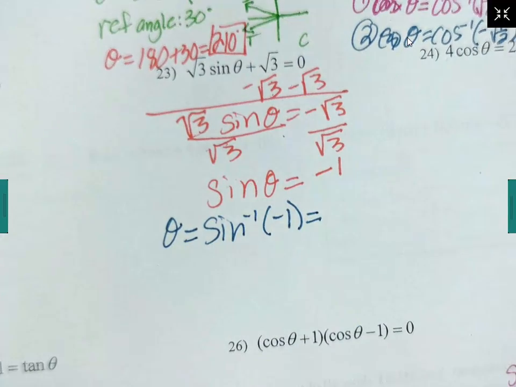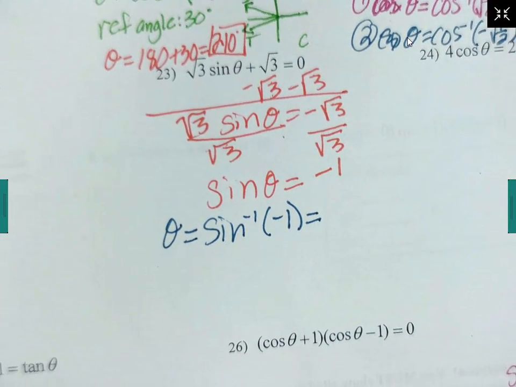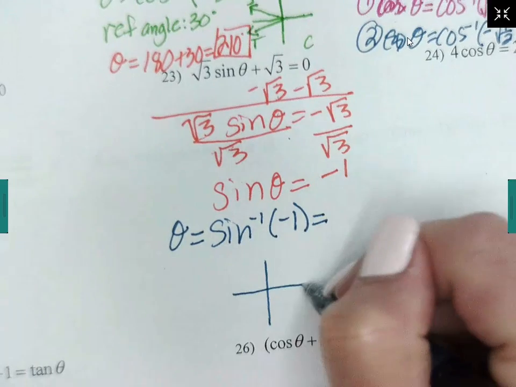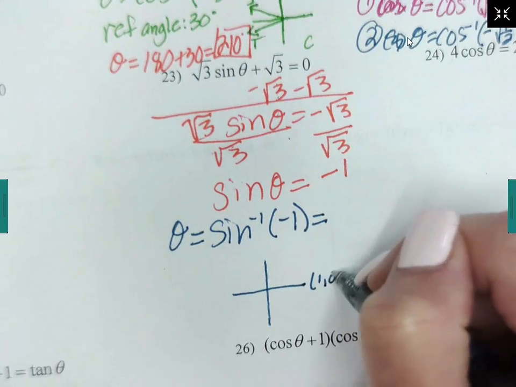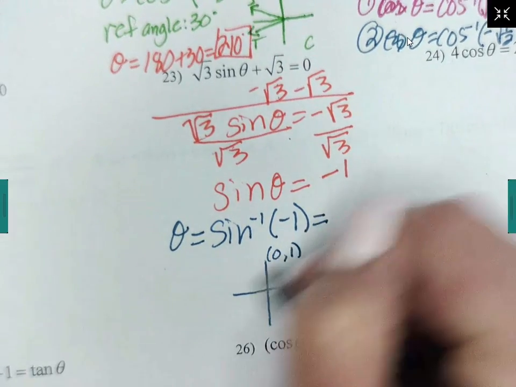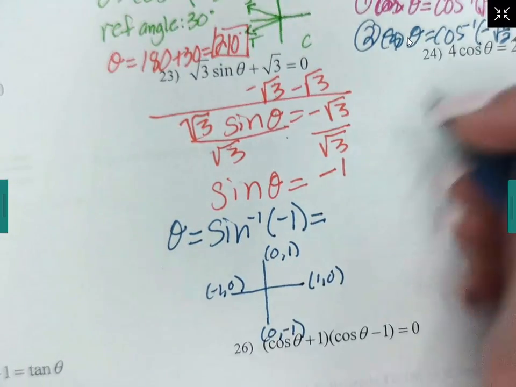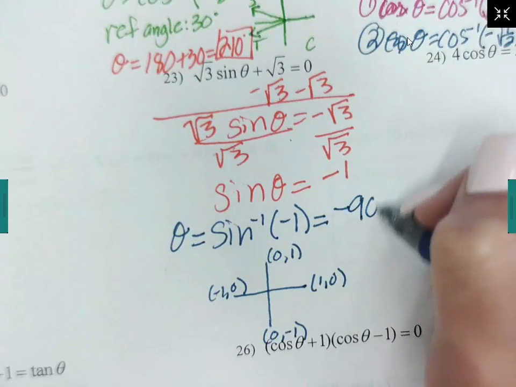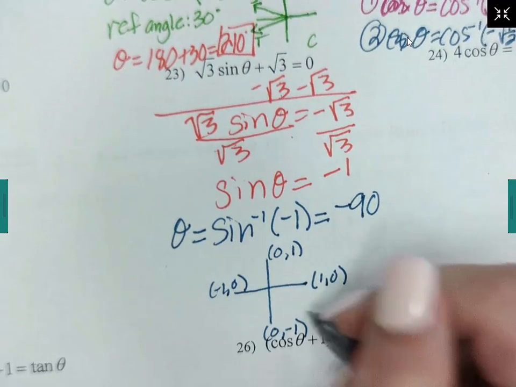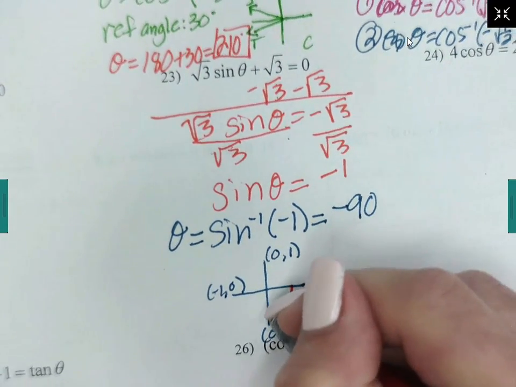And what did that give you guys? And that gave her negative 90, okay, which means we're rotating this way 90 degrees, okay?